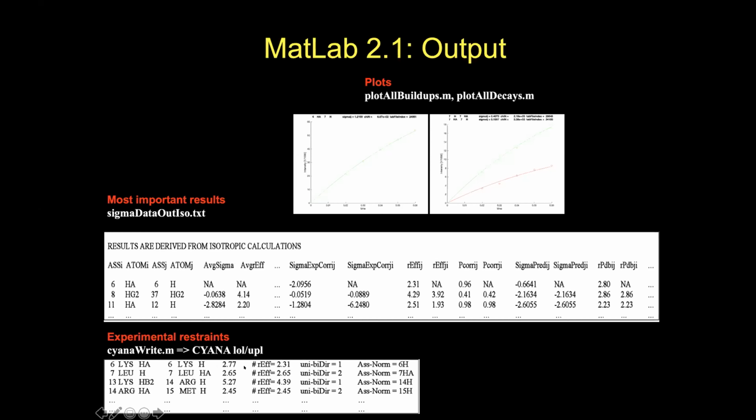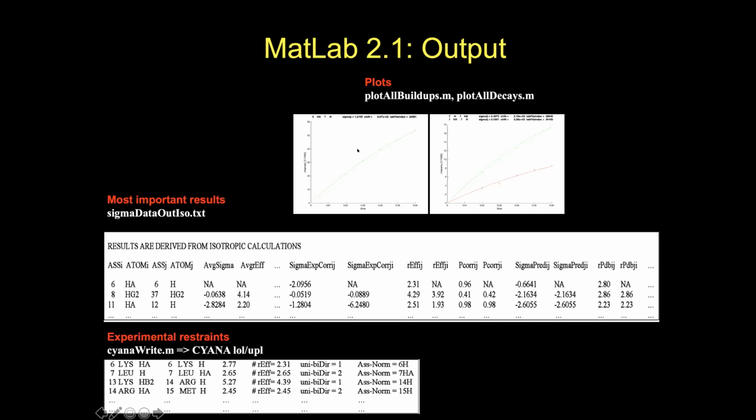In addition, you get a couple of parameters that tell you how you ended up with your exact distance. So for example, here it tells you if you had a unidirectional or bidirectional NOE, which means if you could evaluate only one of the cross peaks in your NOESY or both, and some other things.